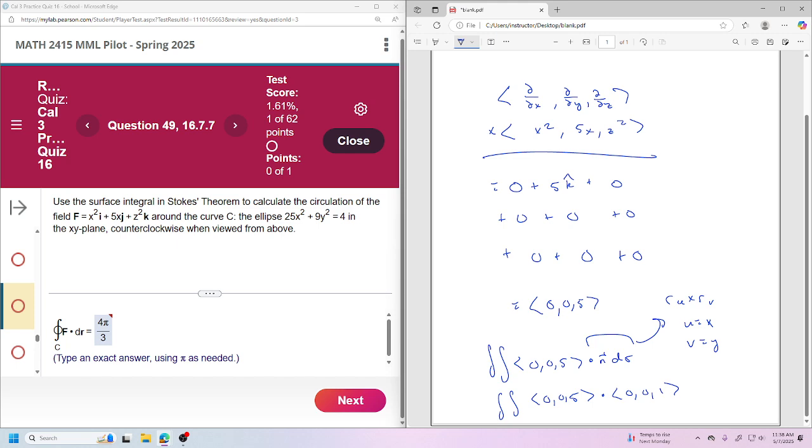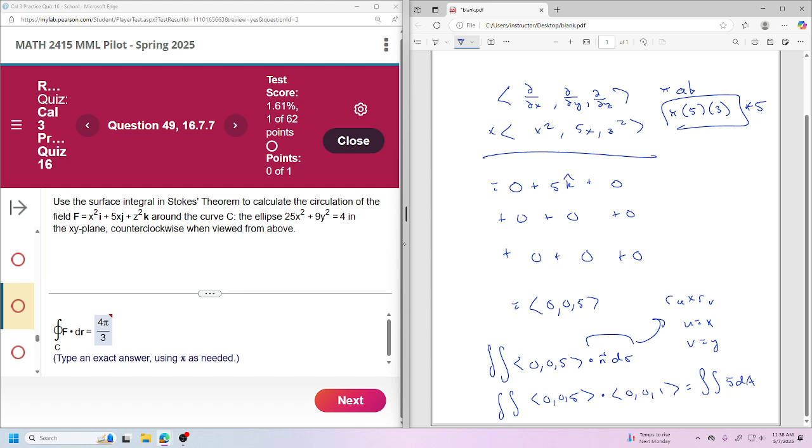So we got 5 dA, 5 times the area of this thing. I'm looking for the area of my ellipse, and that's just pi a b, so pi times 5 times 3, and then all this times 5, so 25.